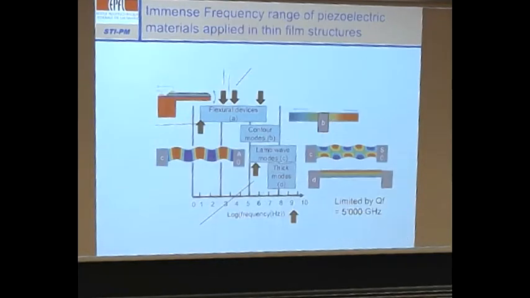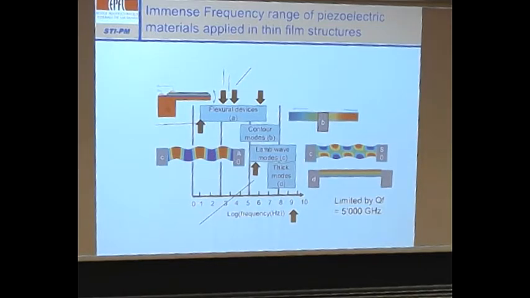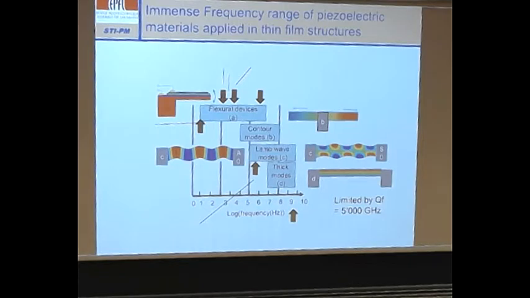Now in thin films, what we can do, I tried to put on the frequency axis. What is very special with the piezoelectric effect is that you have an immense frequency range, in fact from DC to, as I told you, about 10 to the 10 hertz. Then you have many different modes. At very low frequency, the flexural structures are dominating, and that's also the major part for energy harvesting.